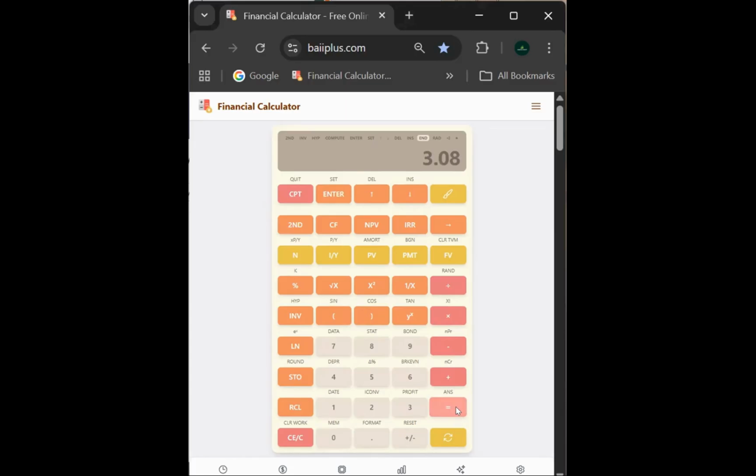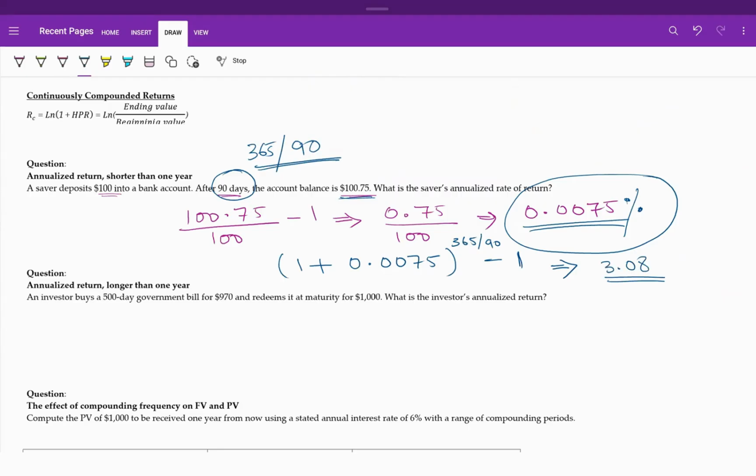This is going to give me somewhere around 3.08. So 3.08 is the required 90 days annualized rate of return.